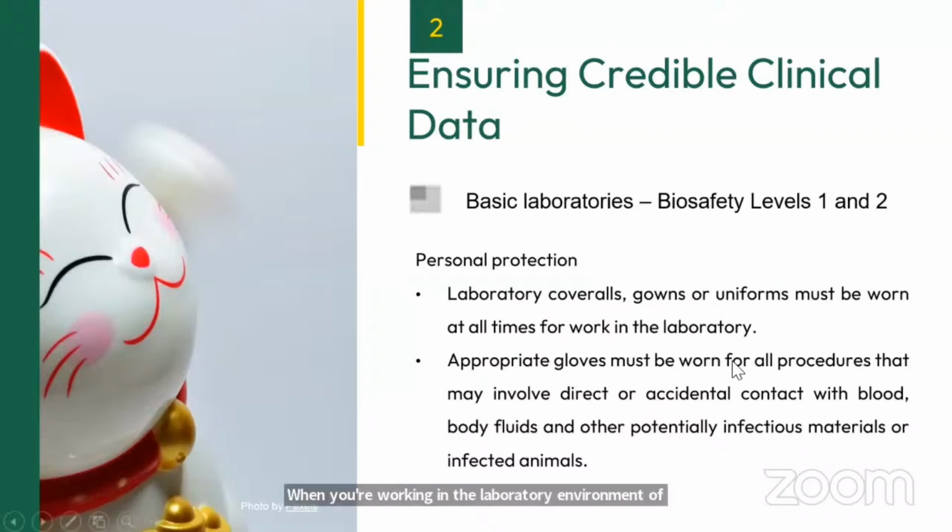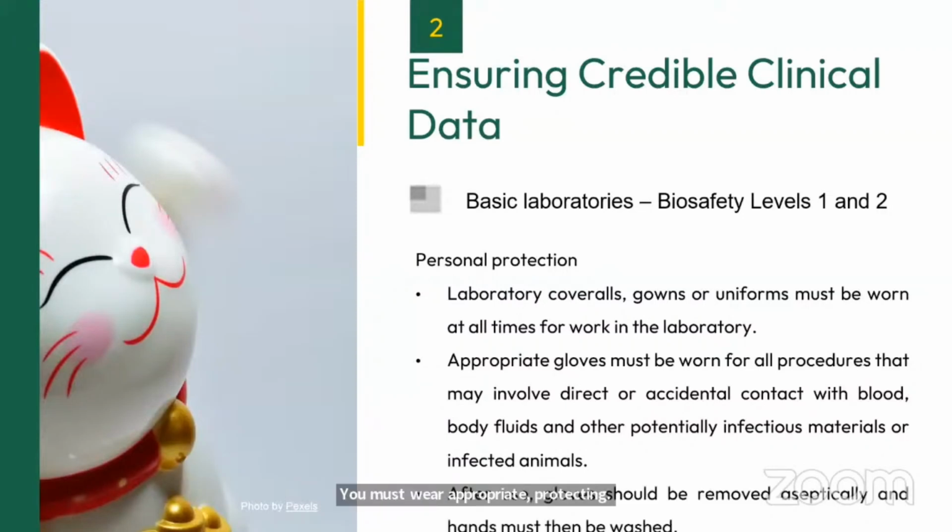Appropriate gloves must be worn for all procedures that may involve direct or accidental contact with blood, body fluids, and other potentially infectious material or infected animals. So whenever you are working in biosafety level 1 and level 2, where there can be chances of accidental exposure to blood or body fluids, you must wear appropriate personal protective equipment.